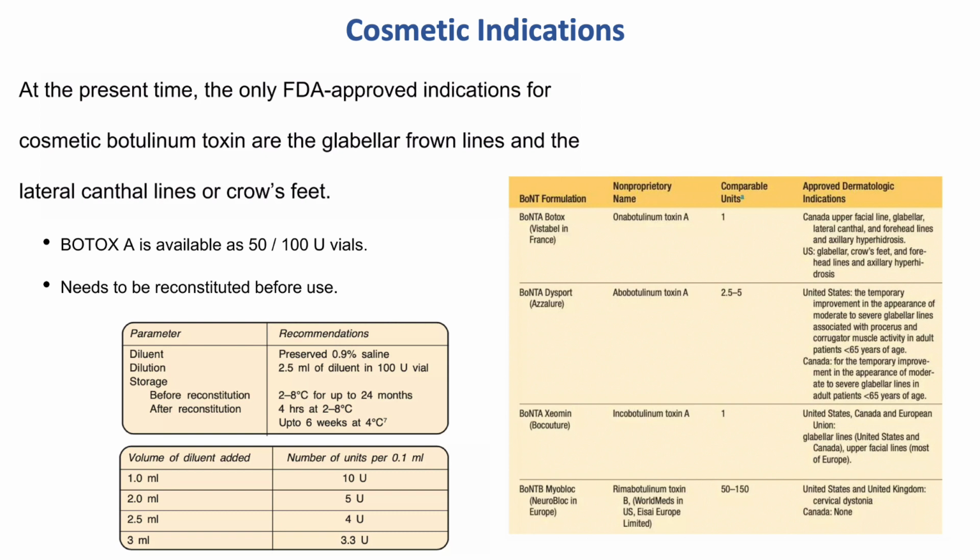Botulinum toxin is also used in cosmetic indications. Botox injections are shots that use this toxin to prevent a muscle from moving for a limited time. These shots are often used to smooth wrinkles on the face. They're also used to treat neck spasms, sweating, overactive bladder, lazy eye, and other conditions.